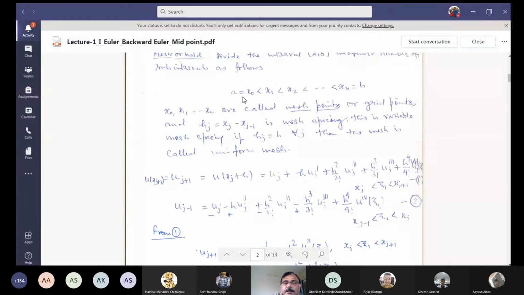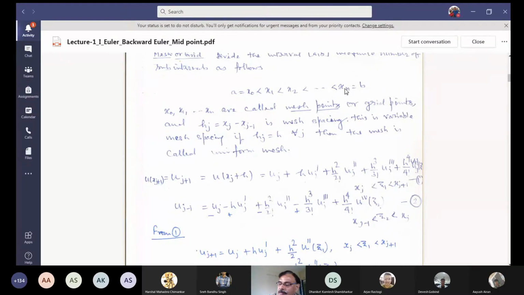You see that the interval a to b is subdivided into x0, x1, x2, and in general xk, and then xn. Is that clear? Yes, sir. Okay, so the differential equation is valid for the whole domain, so it is valid for the general point xk in between. Write down y prime of xk equal to f of xk, comma y of xk.